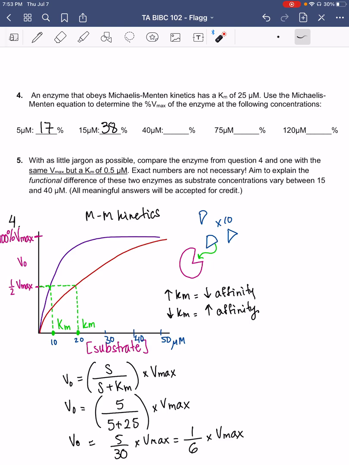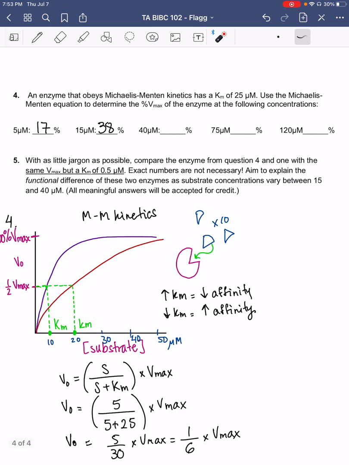Okay, very good. So done with question 4, and let's quickly talk about question 5. This video is getting longer than I wanted. Question 5 is asking, with a little bit of jargon, compare the enzyme from question 4, so the enzyme that has a Km of 25 micromolar, with one that has the same Vmax, but a Km of 0.5 micromolar.